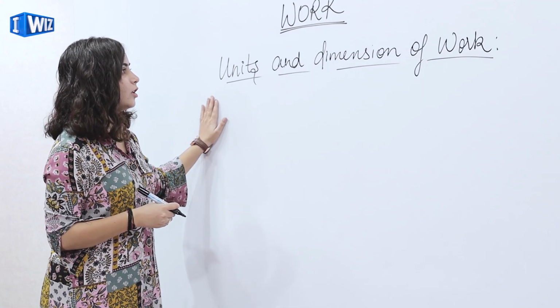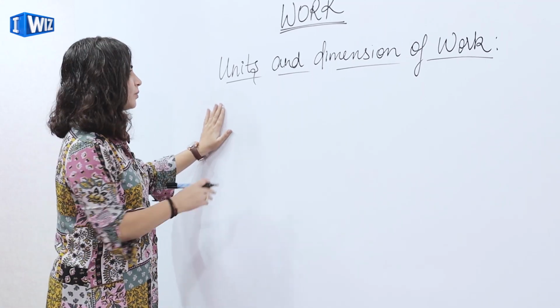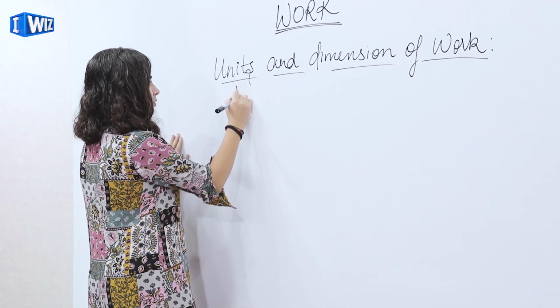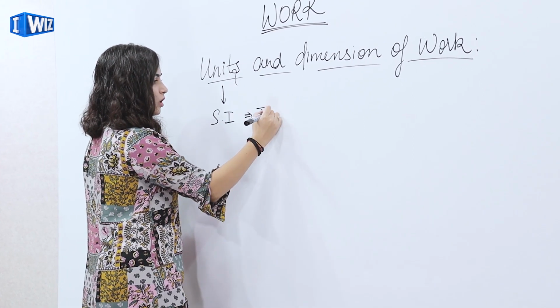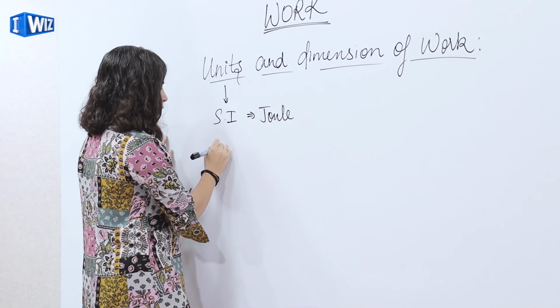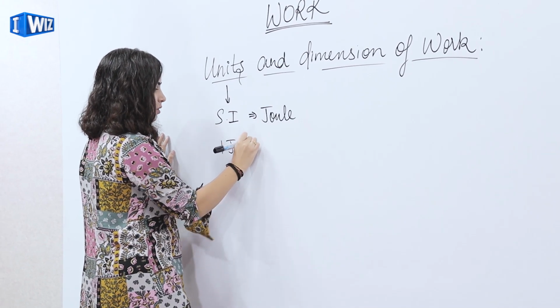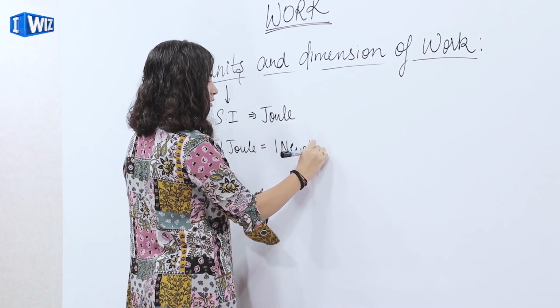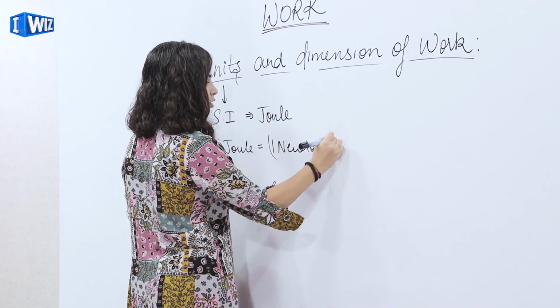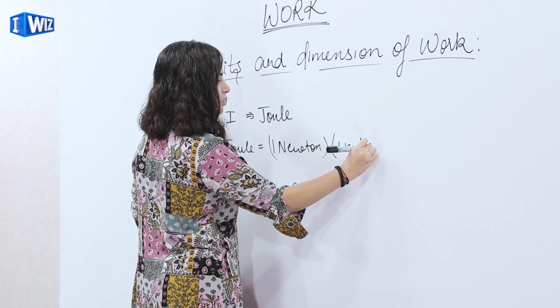Now let's talk about units and dimensions of work. Units. SI unit of work is joule. 1 joule is equal to 1 Newton into 1 meter.